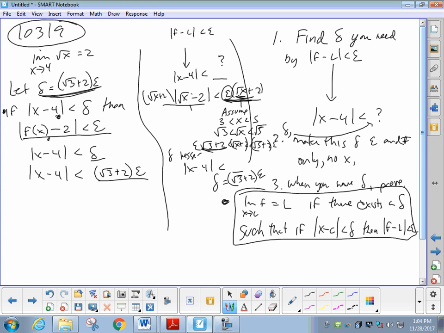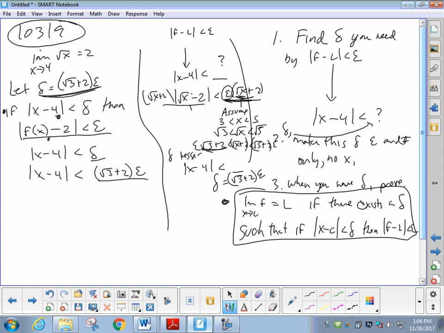My goal is to take this and show as a consequence it must be the case that f of x minus 2 is less than epsilon, right? Do you have any idea what I'm trying to do here? Okay. I'm trying to get from this to f of x minus 2. First, though, I have to explain where this is coming from, and that's what's going to free me up to get the rest of this proof moving, all right?